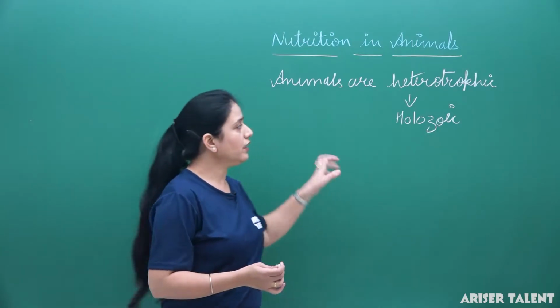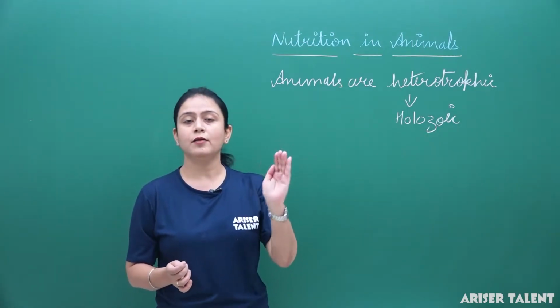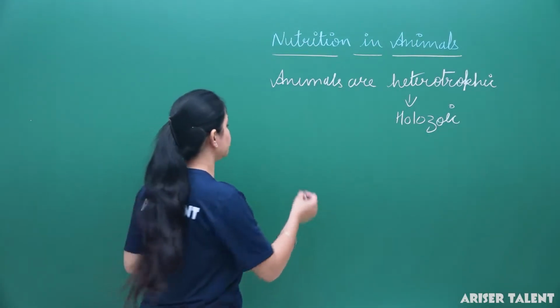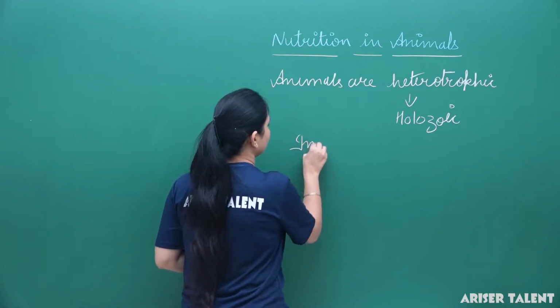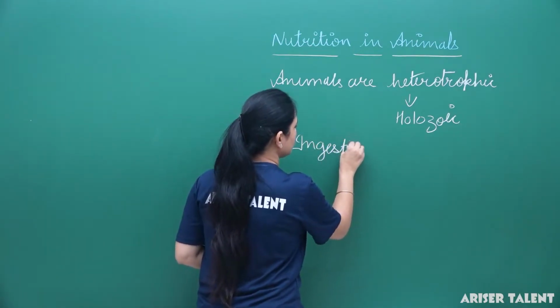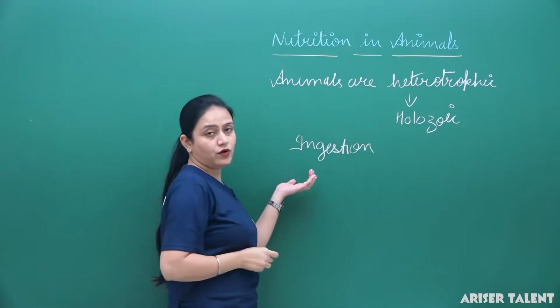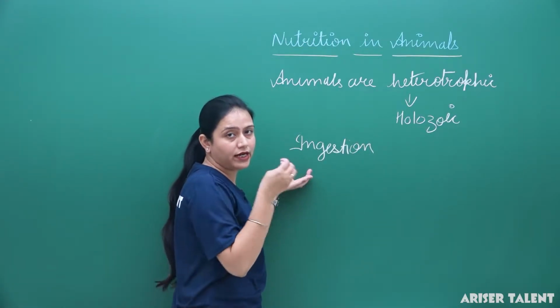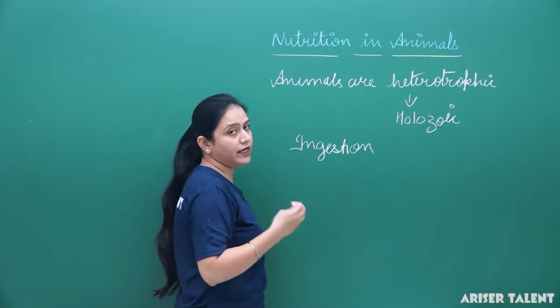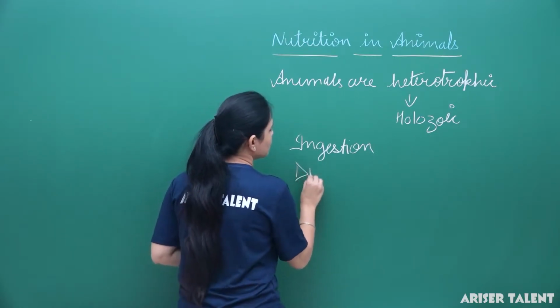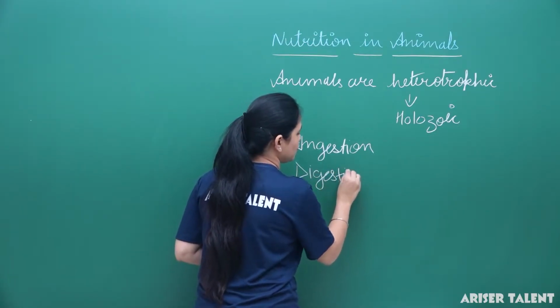Generally this procedure is completed in different steps. What are they? Ingestion of food. Once an animal ingests the food, it gets digested in the body. So the next procedure is digestion.